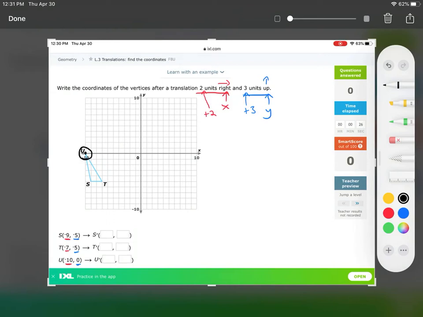That's why the Y is 0. So if I do these two things here, these are what I need to do to the point U. So U is -10, 0. So I'm going to add 2 to the X, and because this is the Y, I'm going to add 3 to the Y.